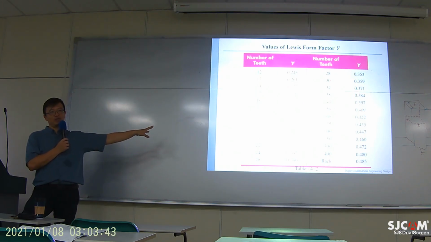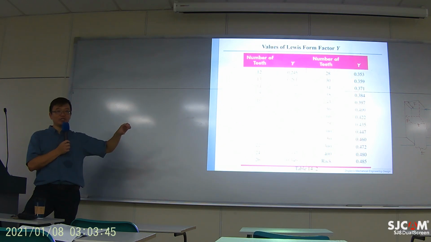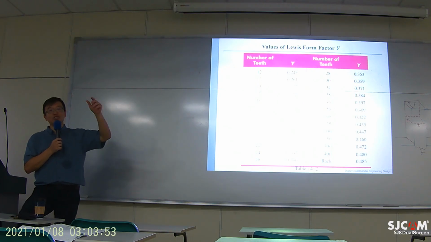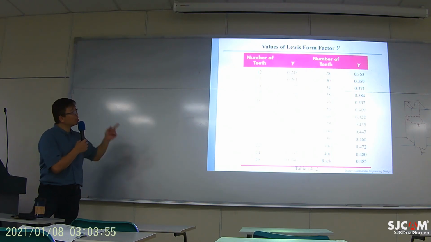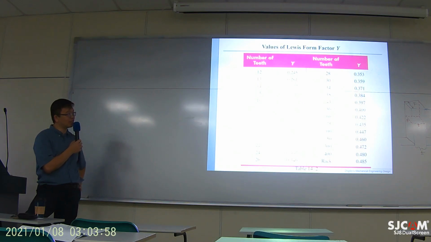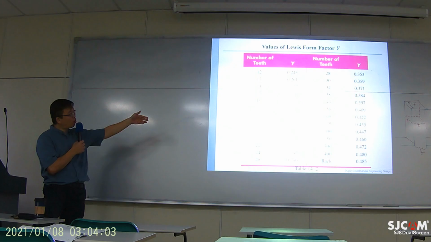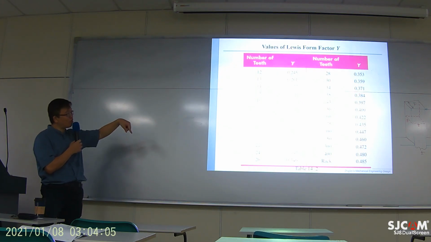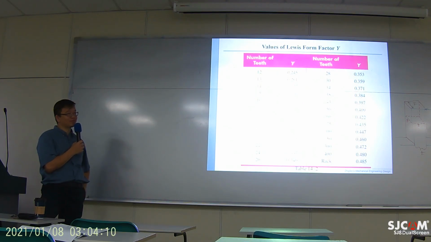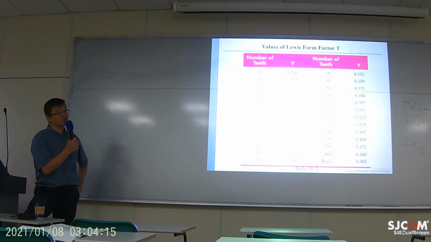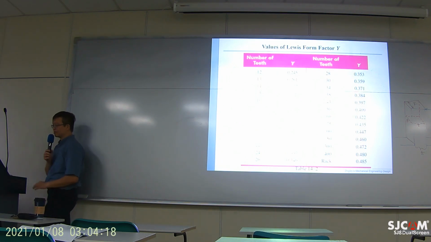So the textbook is for your reference. It's not always right. If you buy a mechanical component from some manufacturer, you need to read their document. Okay? So for this particular example in the textbook, you can see the manufacturer already computed the capitalized Lewis factor Y for different numbers of teeth. So now you know they are just constant values. Okay?